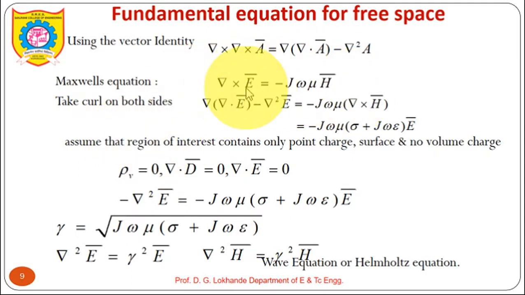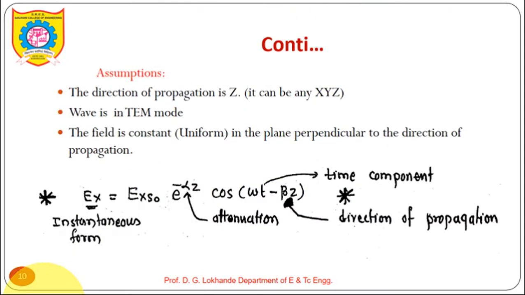If we take the curl on both sides, we get minus j omega mu times (sigma plus j omega epsilon) E bar. After these modifications, we get the final equation: del square E bar is equal to gamma square E bar, and del square H bar is equal to gamma square H bar. These are the wave equation, or the Helmholtz equation.